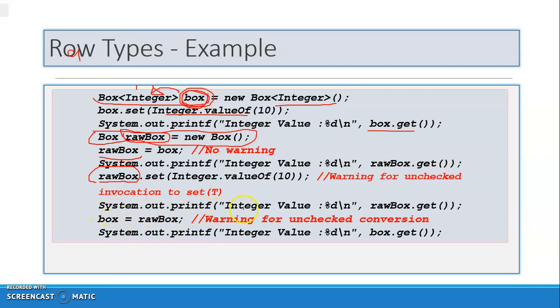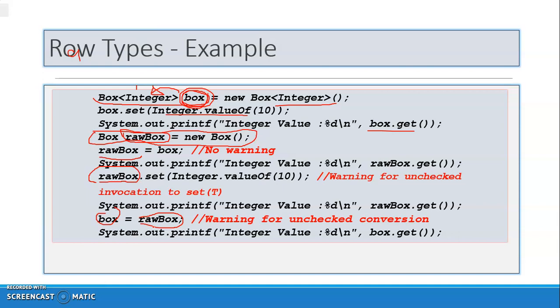Here we are displaying the values, and now we are taking the raw type reference and putting it into the box. This will give us the warning of unchecked conversion, because the box is of Integer. The raw type here can be considered as the Object class. So you're taking an Object class reference and putting it into an Integer reference.